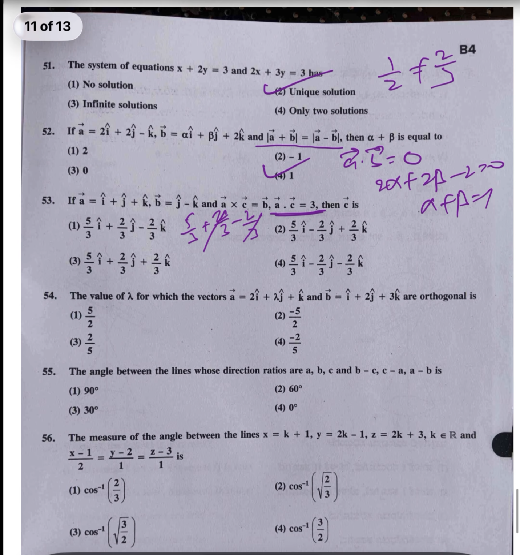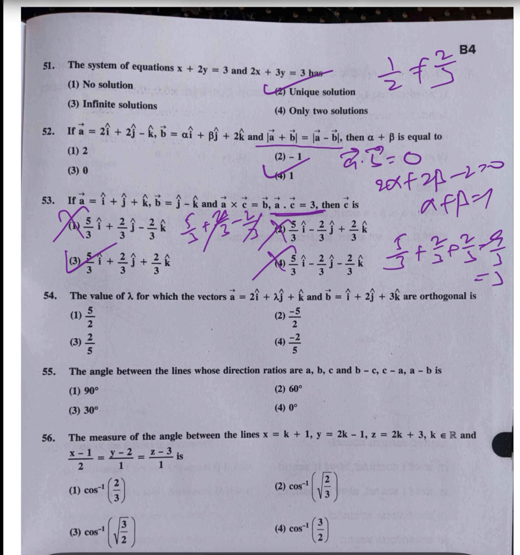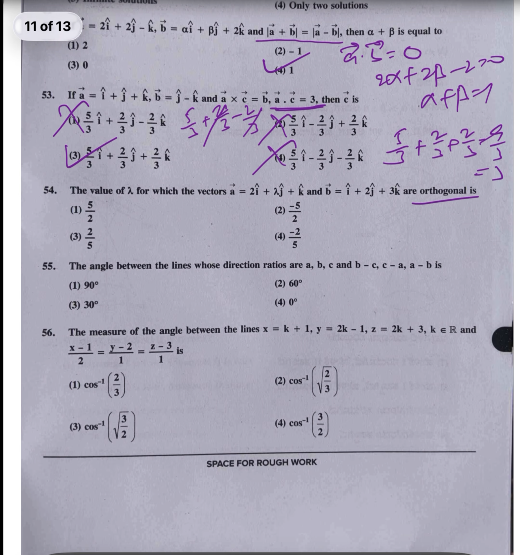Wrong, so that negative should not be present. If you select option 3, what will we get? Dot product 5 by 3, 2 by 3 plus 2 by 3 is 9 by 3, which is 3. Option 3. Orthogonal means a bar dot b bar equals 0, so 2 plus 2 lambda plus 3 equals 0, then lambda equals minus 5 by 2.